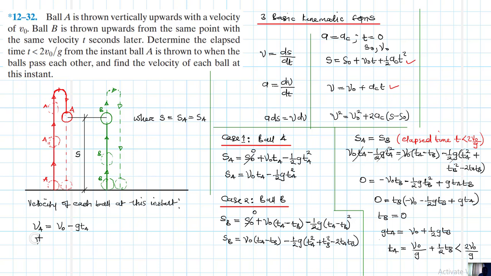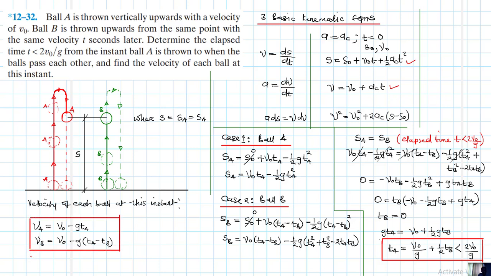And then VB just equal to V naught minus G, and then this one here we are saying is TA minus TB. Okay, I think this is about it. Let's outline the final solution. So there we go. So we have this one here, and then we have these ones here. Okay, so I hope, there we go.